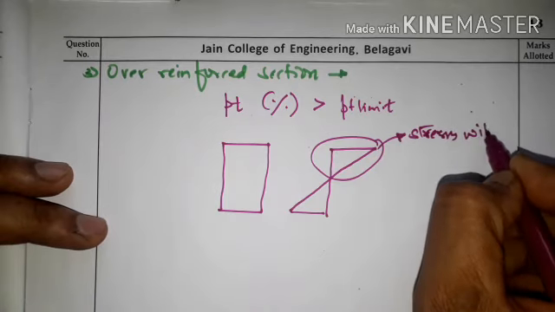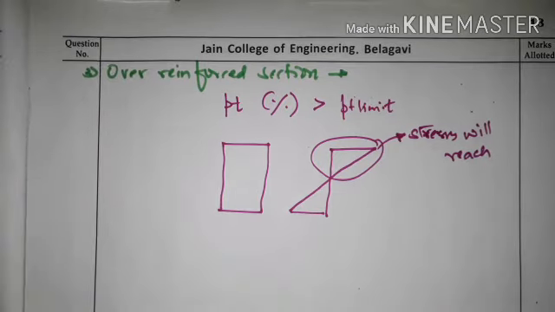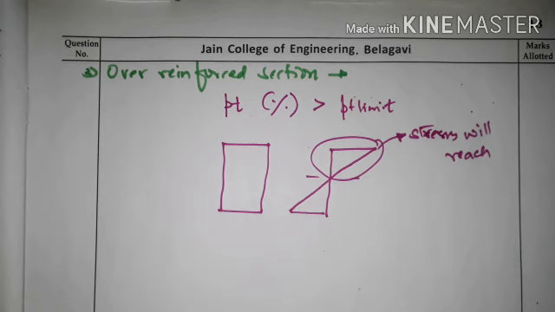So here in this case the stresses in the compression zone will reach the ultimate value, because we have provided a huge amount of steel, the percentage of steel is more. So the steel will not reach its ultimate value.